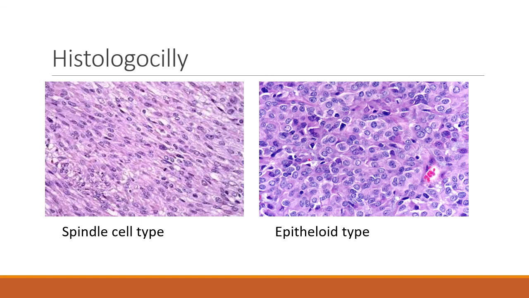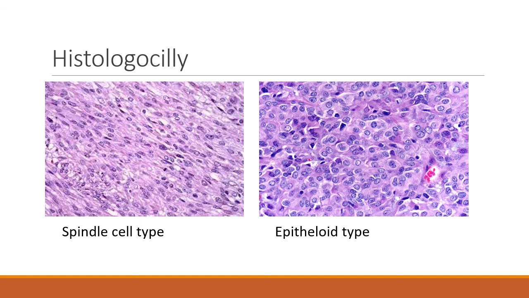And morphological features, that is they are commonly the monomorphic uniform cells with eosinophilic granular cytoplasm, and that can be arranged in sheets or trabeculae or rosette formations.